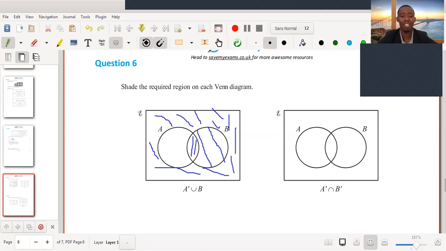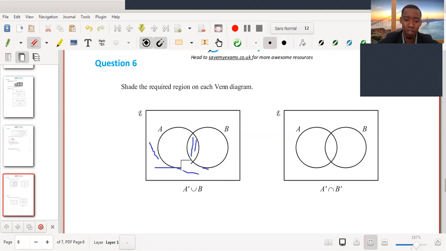Briefly, the answer is this. So let me shade by using this highlighter. Maybe it will be very clear.